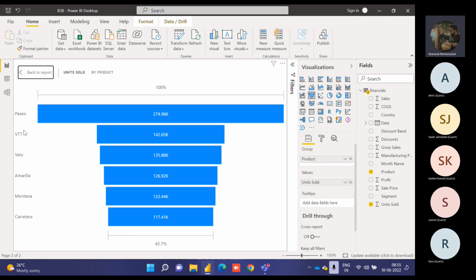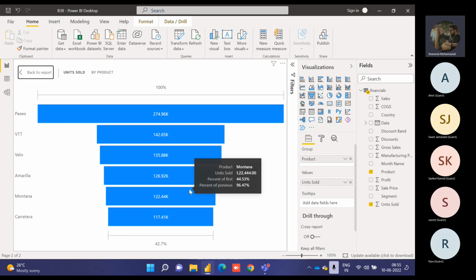Here, I'm comparing the total units sold within the products. When I say within the products, the highest unit sold product would be scaled as 100, and the lowest would be whatever the percentage is on that scale, and in between would be the comparison.